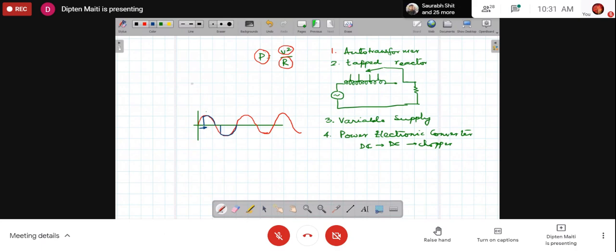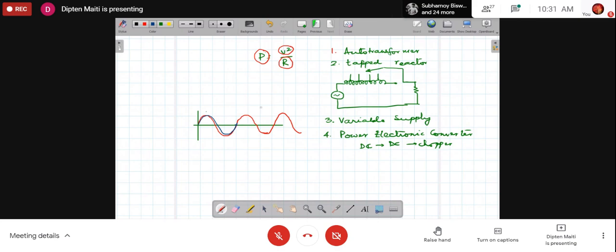To circumvent that, we can use another method, which is sometimes called integral cycle control. Some people call it that, though it should not be used, I would say. In integral cycle control, if we require a higher amount of heat, we allow full cycles.